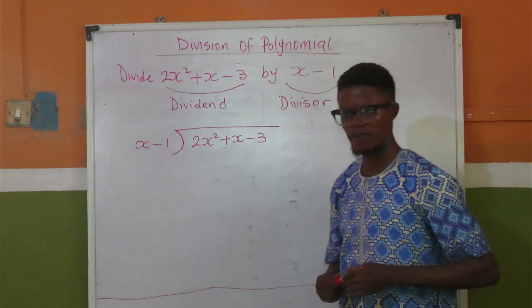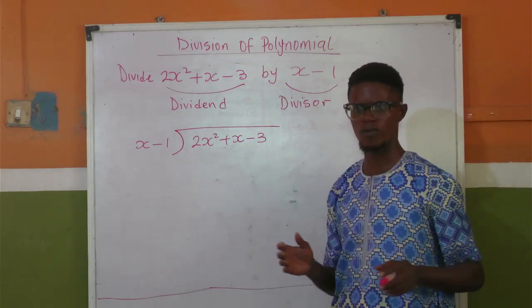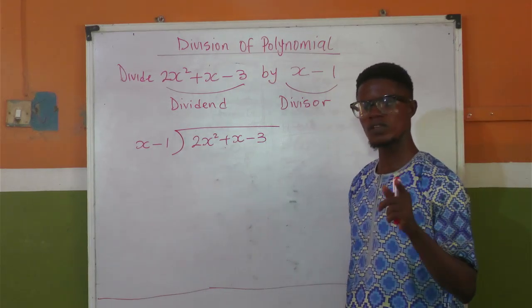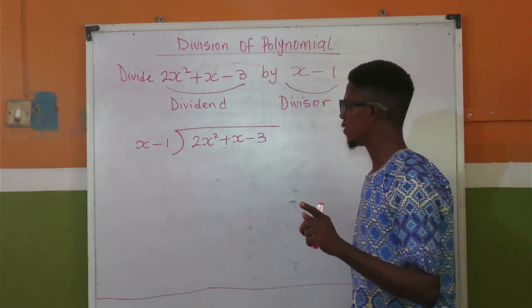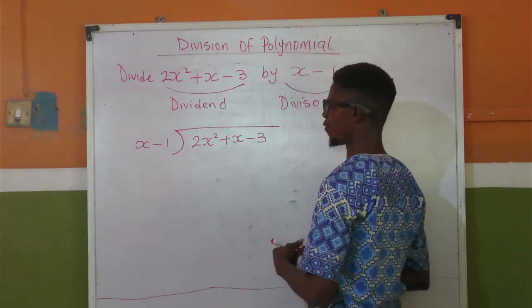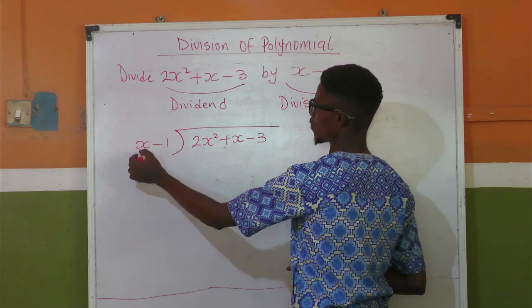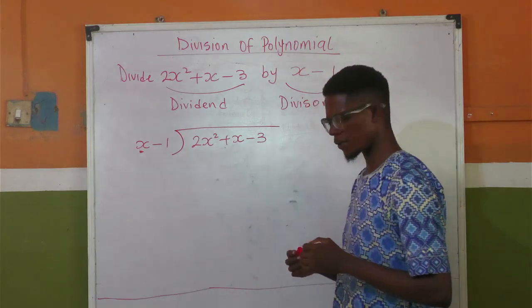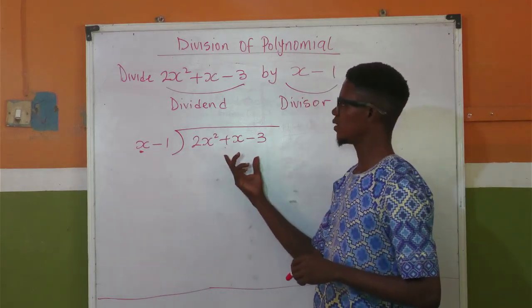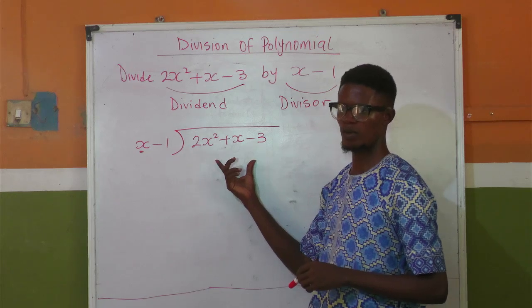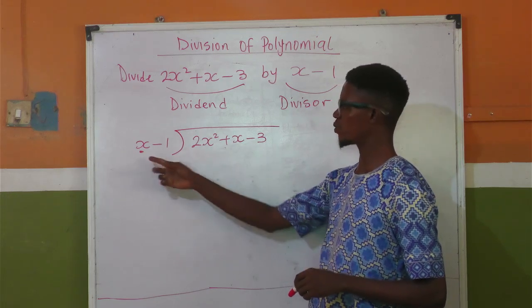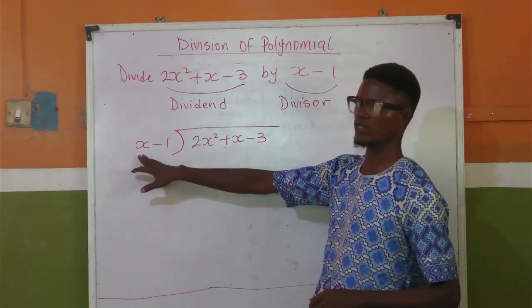Now, dividing a polynomial is straightforward, but one thing you must take note is that you divide a polynomial by the first expression of the divisor. The first expression of the divisor is what we use to divide the dividend of a polynomial. In this case, we have x as the first expression.